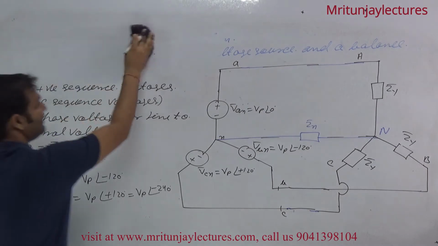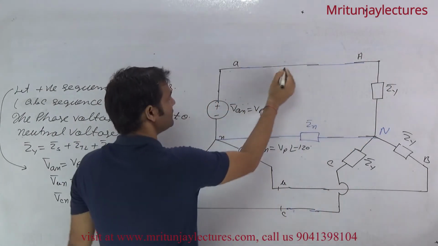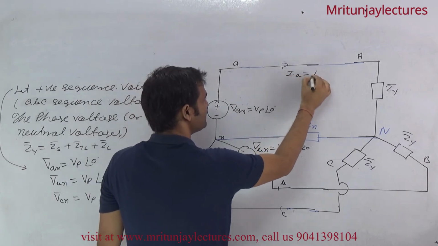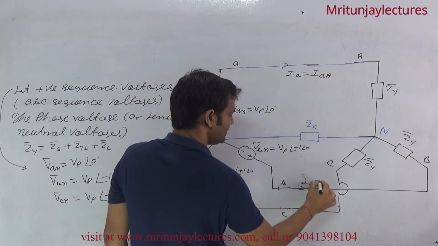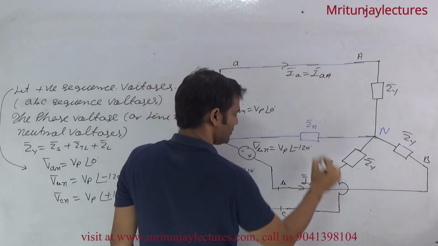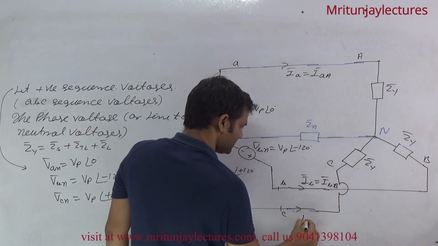Now what about IAA and IAB? This is IA, and this is IB, and this one is IC.